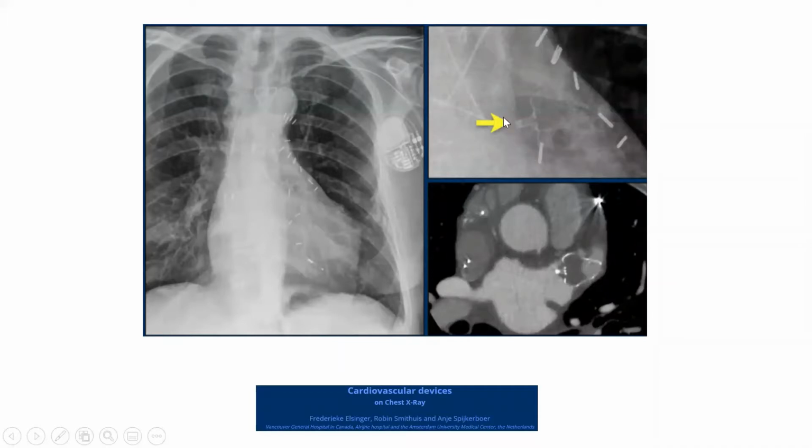So this is something relating to the LA appendage. So what is it? Occluder device. Yes, this is an occluder device, namely Watchman device. So you see how Watchman device looks like? This is it. And this is Watchman device in cardiac CT. Okay. Good.